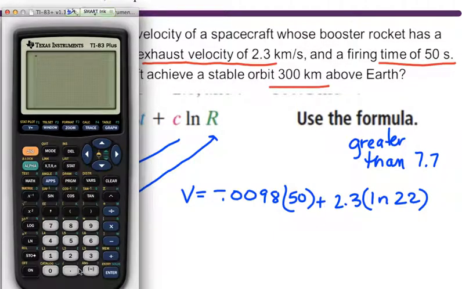So you've got negative 0.0098 times 50 plus 2.3 times ln of 22. And we have 6.62, right? So 6.62.